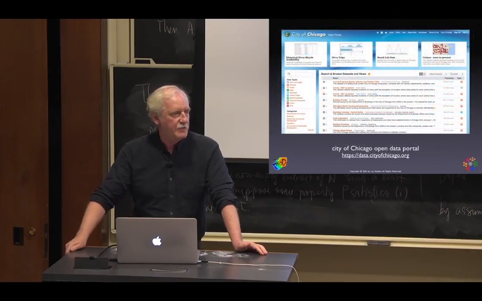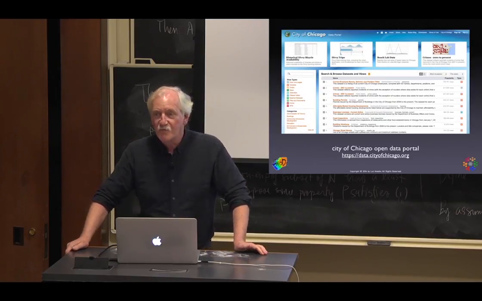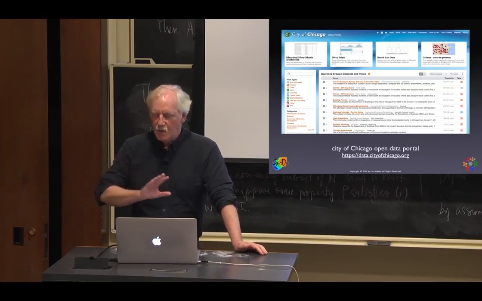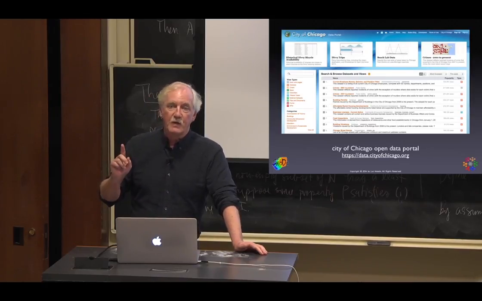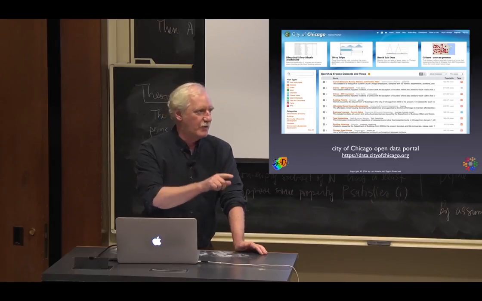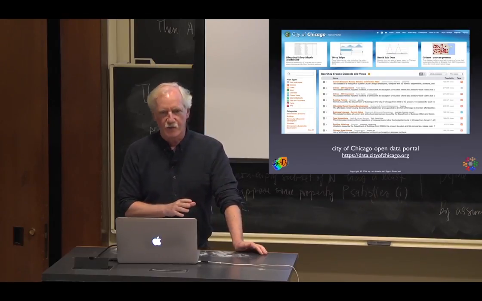This is the way the City of Chicago Open Data Portal looks. If you haven't checked it out, I really encourage you to do so. In fact, you're going to have to in the lab and for the assignment. It's a gold mine, but don't think for a second that you just have to click on this and get going with your analysis.